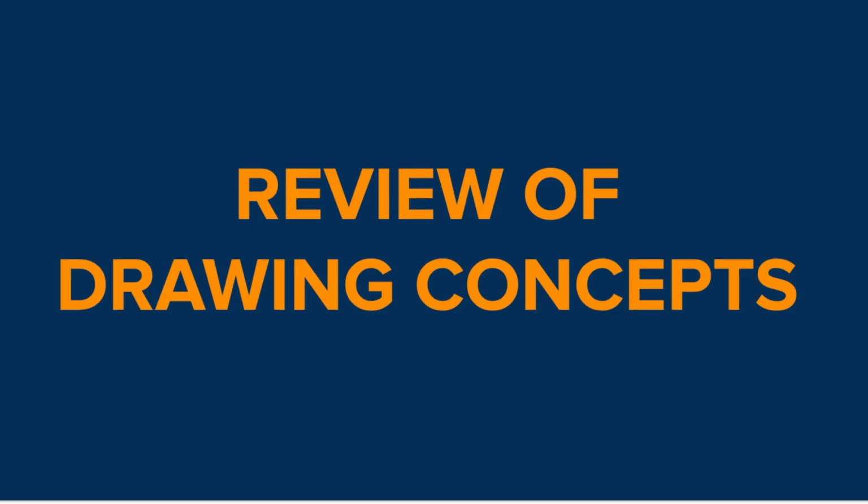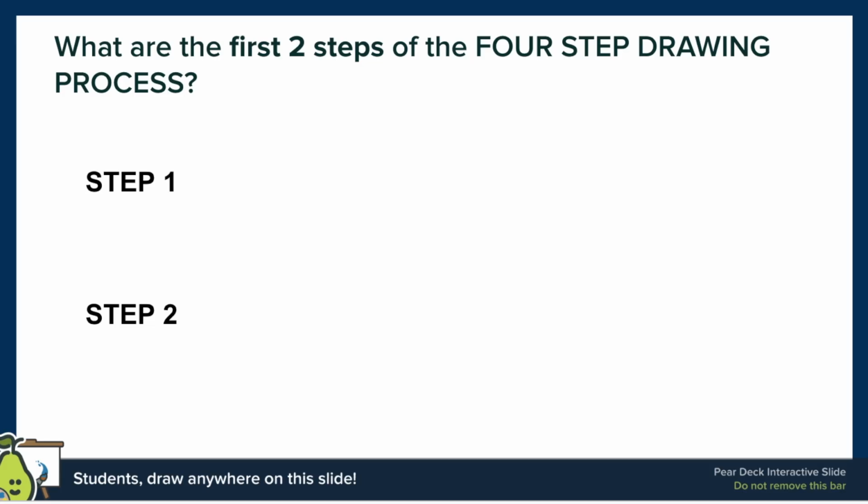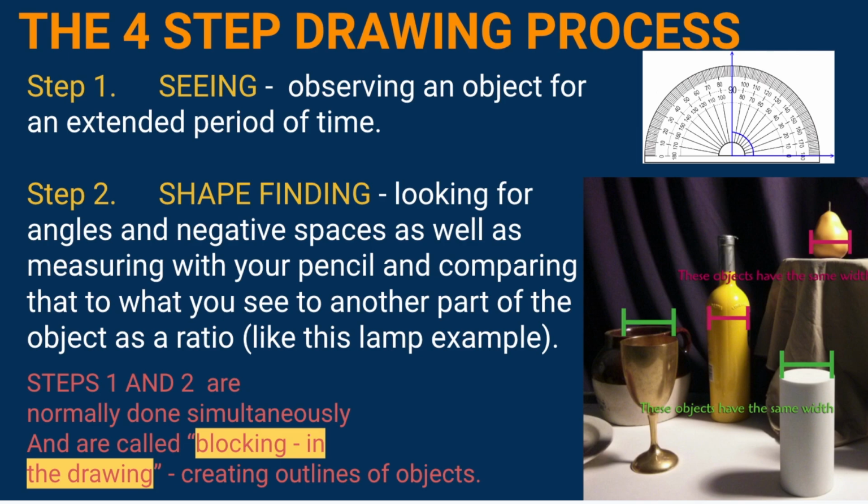We're going to have a review of some drawing concepts as well. So remember, we talked about the 4-step drawing process. I'm wondering if you guys remember what steps 1 and 2 are from drawing 1. If you had said seeing and shape finding, you were correct. Now remember, seeing and shape finding are technically done together.